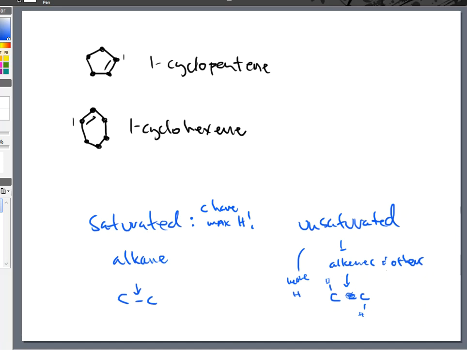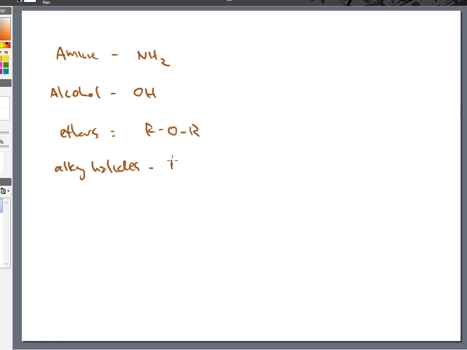Something else that I want you to keep in mind is that we also talked about different functional groups. I'm going to list those up here too because they're going to come back. Those functional groups were an amine, which is an NH2 group; an alcohol, and alcohols are OH groups; ethers, and ethers are ROR groups; and alkyl halides, which are RX, where X represents fluorine, chlorine, bromine, iodine, and so forth.